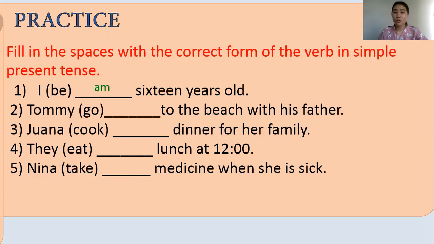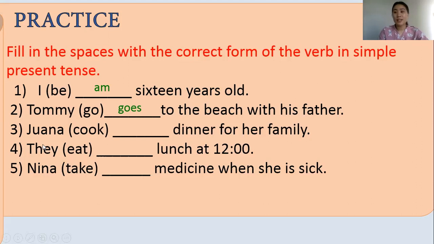Tom goes to the beach with his father. Is that the correct answer? No, because Tom is similar to the subject like he. So for the verb we have to add es at the end. So the correct answer is: Tom goes to the beach with his father. And it's similar to number 3. Jenna is the name of a person.